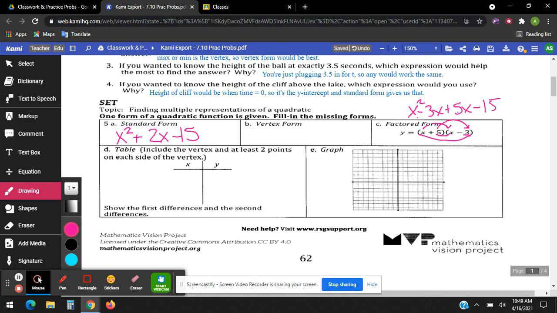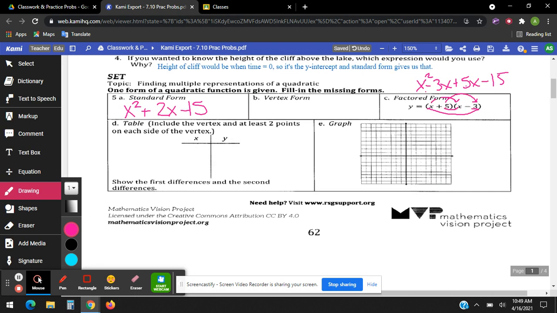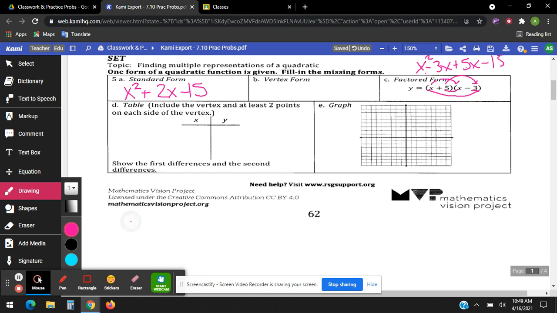From here, I should be able to find my vertex. I'm going to write it down below. So I want x squared plus 2x plus, and here I'm going to try to find what my perfect square is.